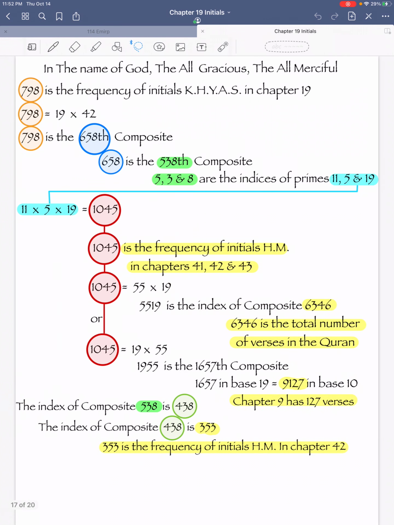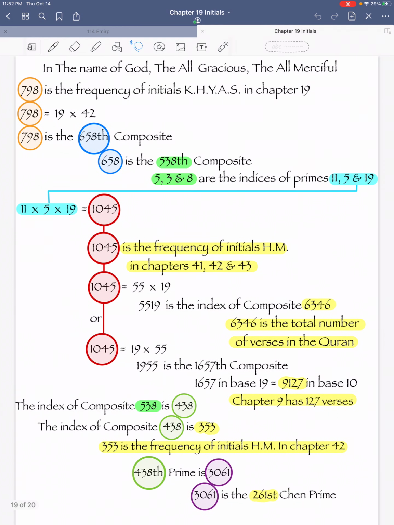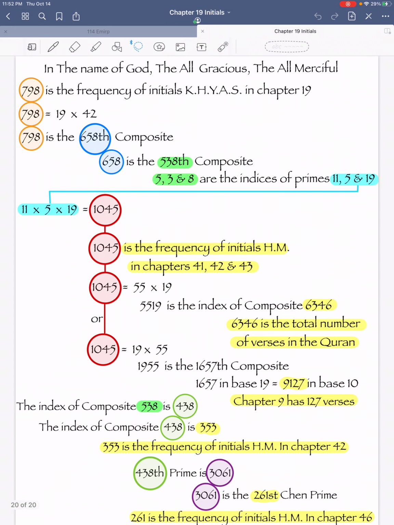And 353 is the frequency of initials Hamim in chapter 42. Okay, and there's more to it. 438th prime is 3061. 3061 is the 261st Chen prime. And 261 is the frequency of initials Hamim in chapter 46.